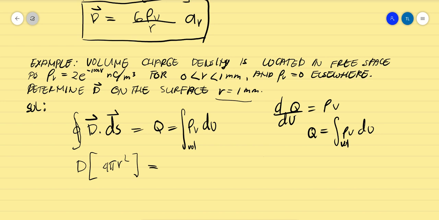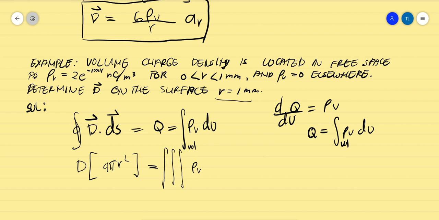Now dV, since this is a sphere, we need to use spherical coordinates for this one. So it will be a triple integration of rho V times dV. Our dV is in the spherical coordinate system. If you remember, we derived this in the first part, chapter 1.